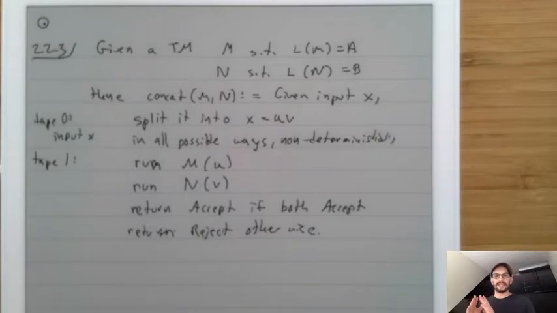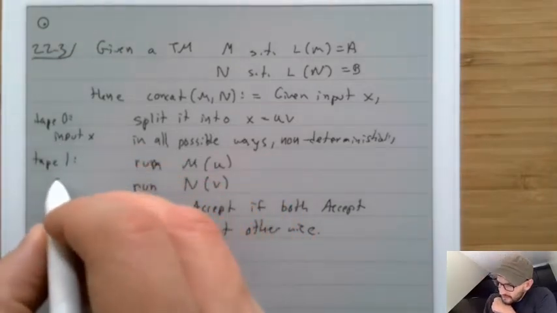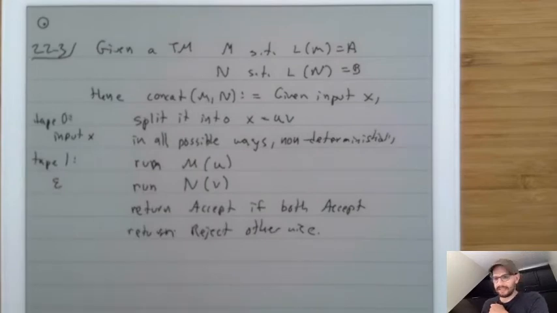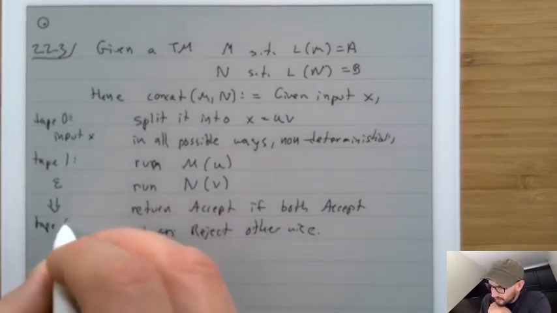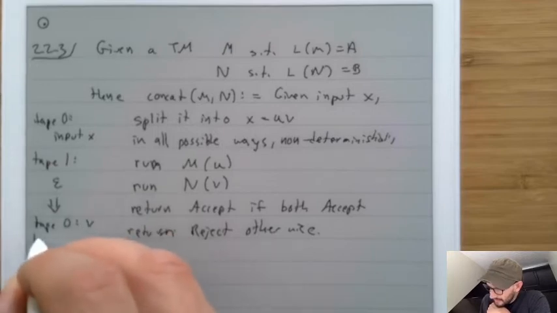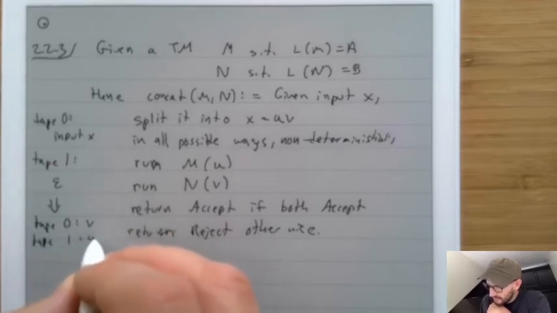If we choose that, then we're going to go to tape 1 and rewind the tape back to the beginning so that we're looking at both of them. So now we're looking at u on tape. So basically the idea is that it starts off with input x on tape 0 and tape 1 is epsilon, and then we're going to change it so that tape 0 is v and tape 1 is u.